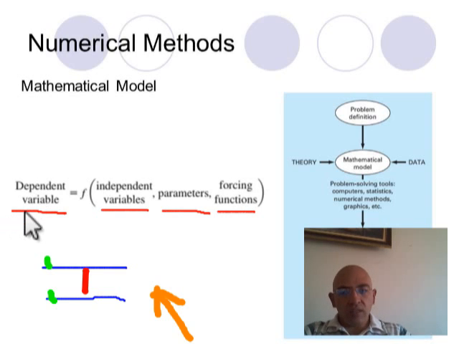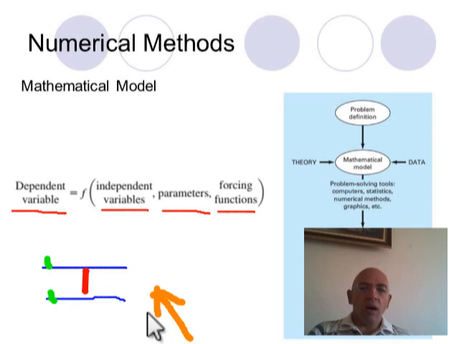As a result, the motion of the car, for example, the velocity of a car, depends on the position and time, the distance between the roads, and the forcing functions, for example, the wind speed. So this is how we define a mathematical model. Basically we have independent variables, dependent variables, parameters, and forcing functions.